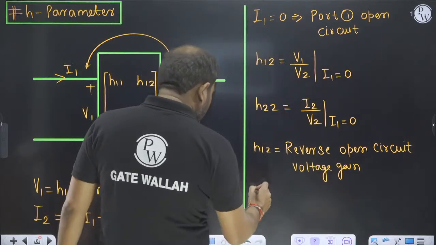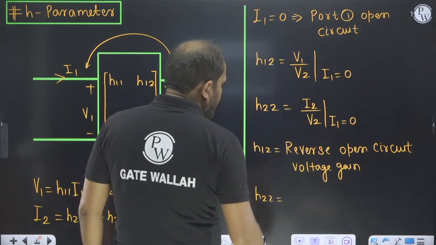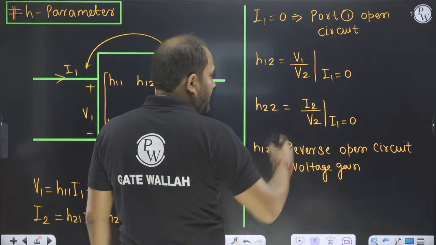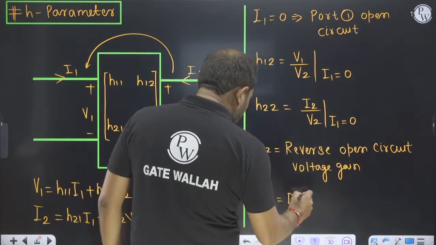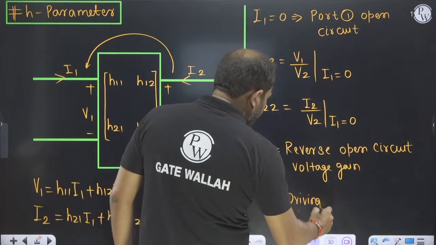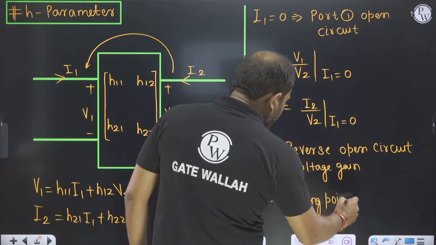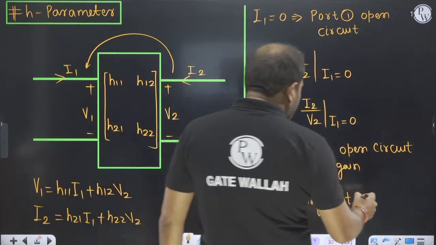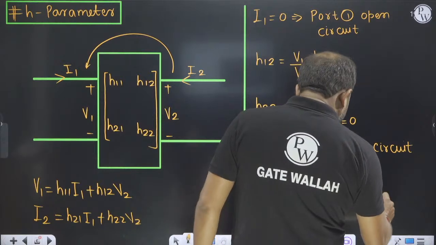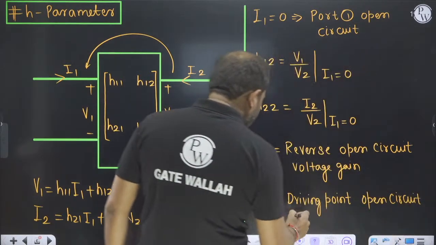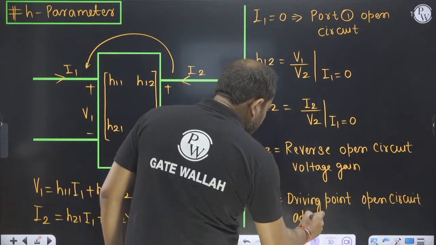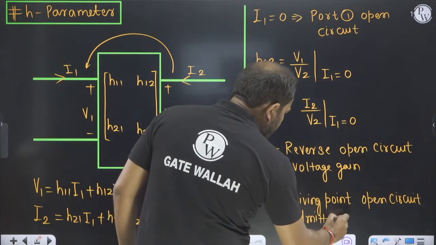Then H22 is nothing but I2 by V2, an admittance. I1 is 0, open circuit, so it is known as the open circuit driving point admittance.